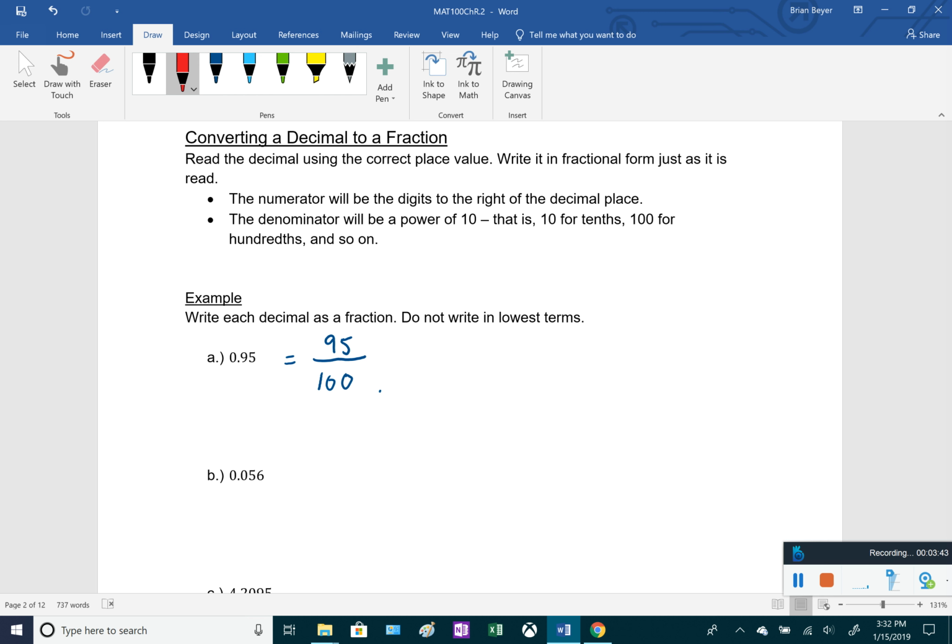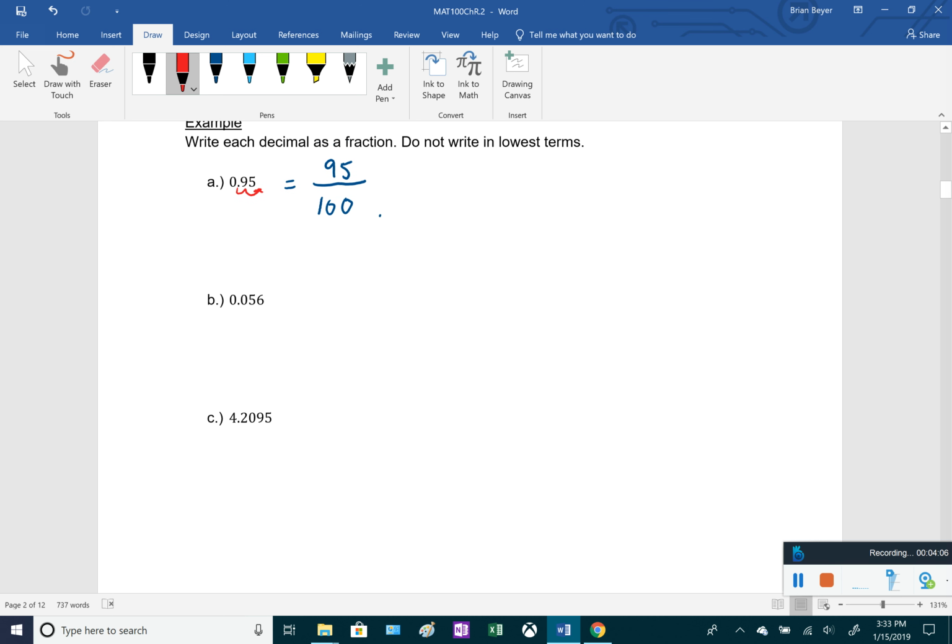Another way to think about it is the decimal point. We would have to move it over 2 spots to make it a 95. So 95 in the numerator, and then 100 down here in the denominator, because 2 zeros for the two place values that we had to move it over. Okay, so let's see the next one.